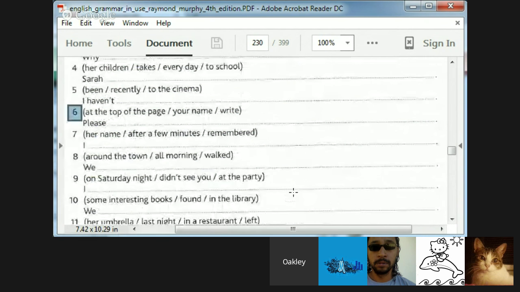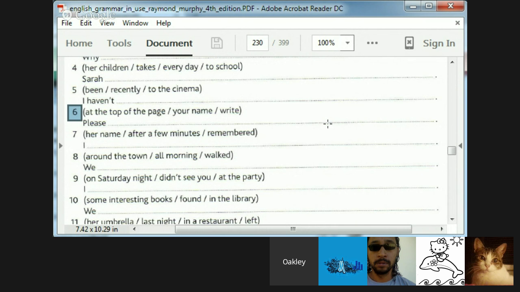Okay, Mustafa, number 6. Please write your name at the top of the page. Okay, and the place. There's no time there, just place. Mustafa, is there a different way to construct the sentence? No. Are you sure? Okay, now, oddly, I disagree.